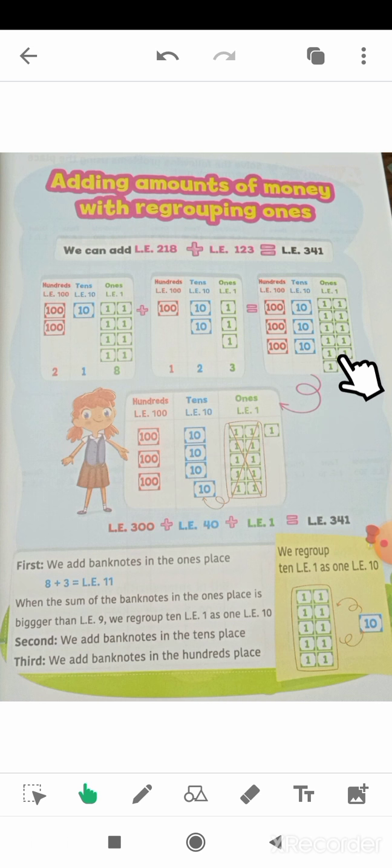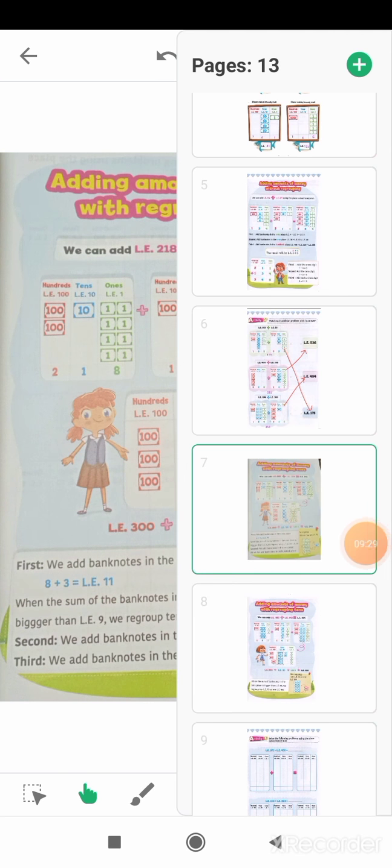When I see 10 or more, circle 10, cross and move as a 10. So here I cross 10 papers and transfer them as 1 paper of 10 here. Let's see an example.